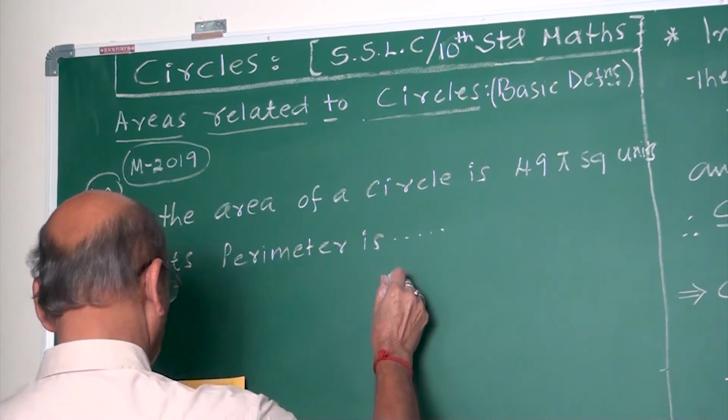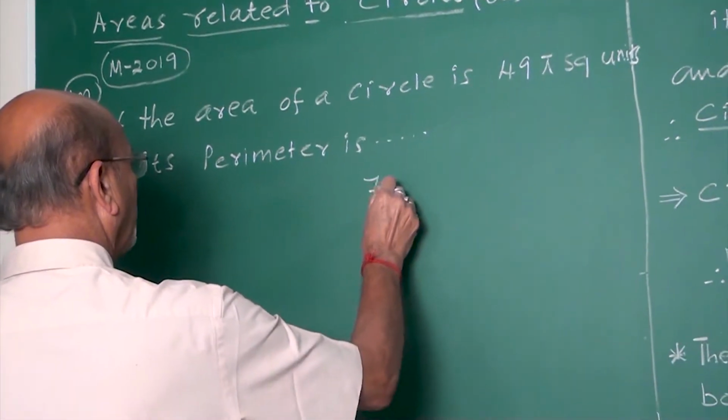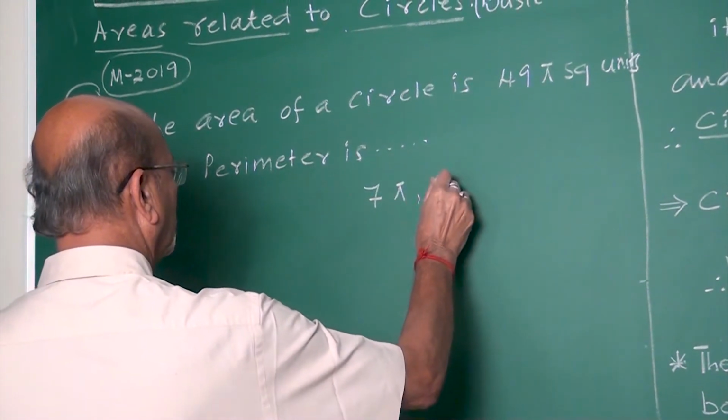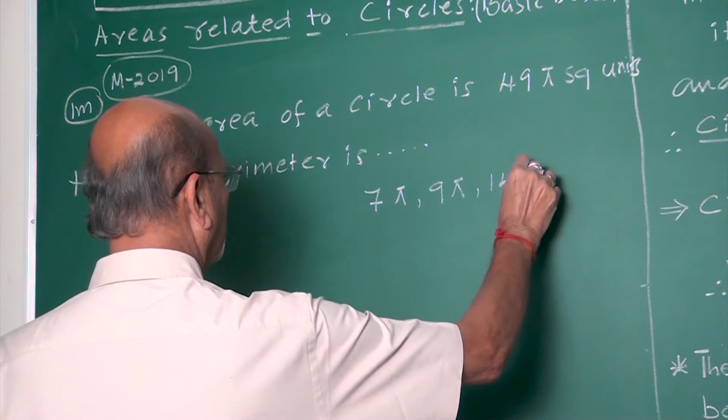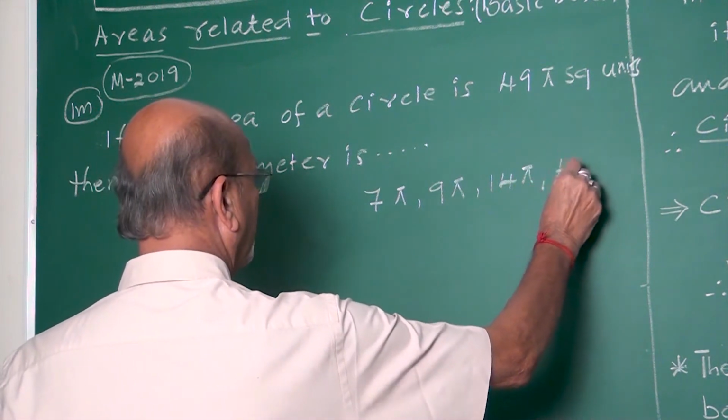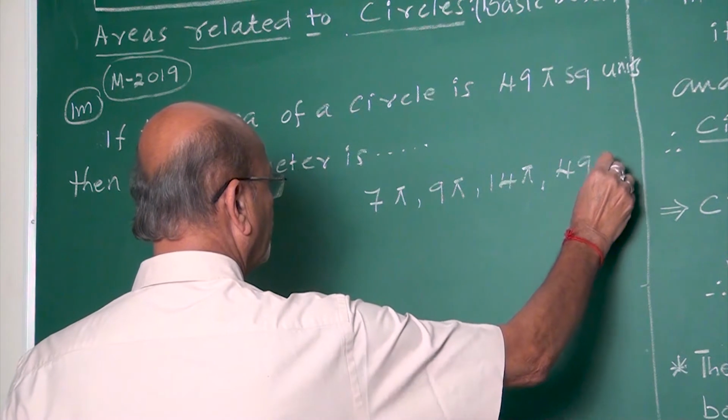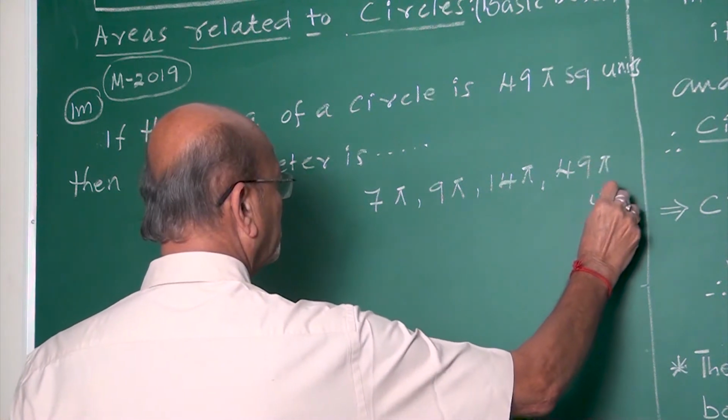These are the options: 7 pi, 9 pi, 14 pi, and 49 pi units. Perimeter means it is simply units.